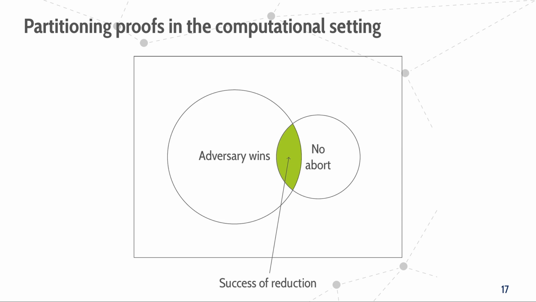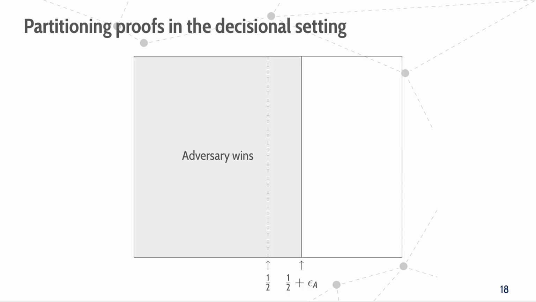In the decisional setting, however, like for example for VRFs, this becomes more difficult. Let us thus consider this visualization. On the left side, we have the probability that the adversary wins, which we assume to be 1/2 plus its non-negligible advantage. Now we again have the event that the reduction does not abort.